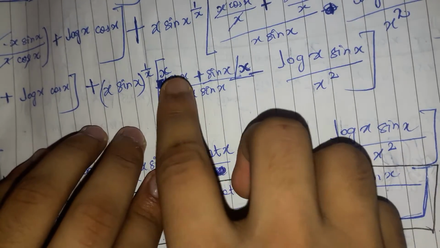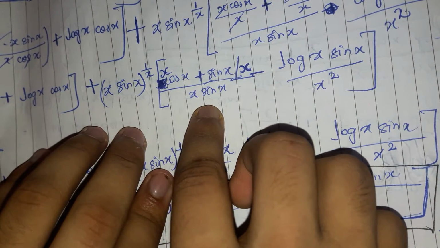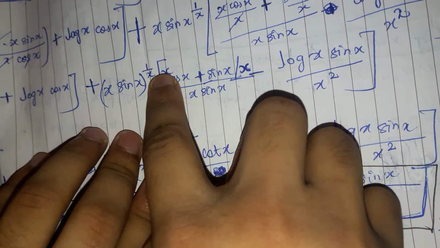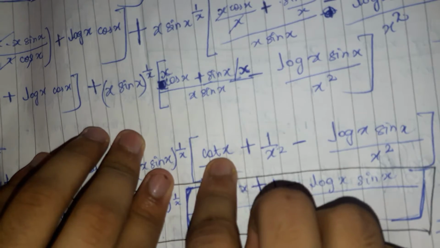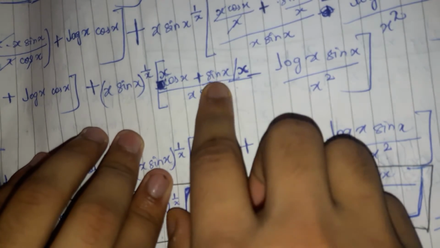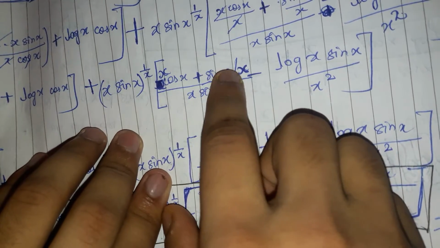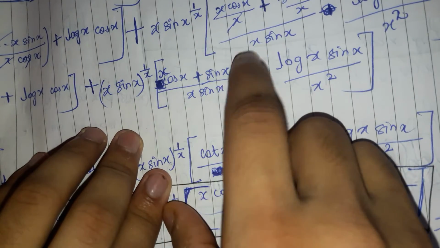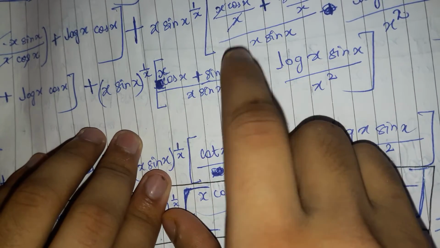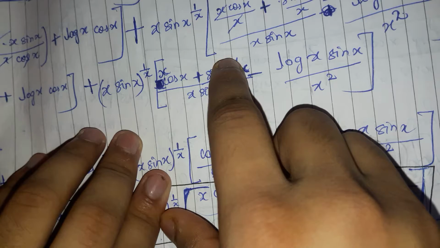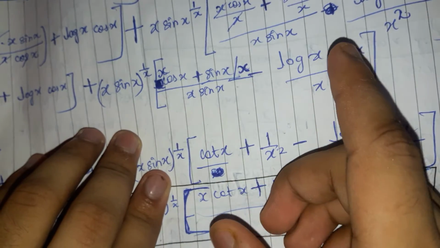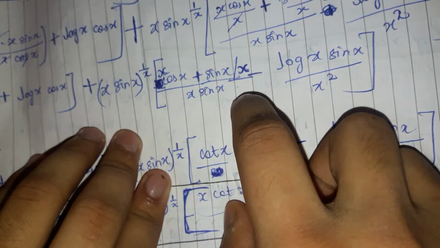You can see here x cos x upon x sin x, x cancels, and cos x upon sin x becomes cot x, plus sin x upon x divided by x sin x, what it becomes, sin x cancels, and it becomes 1 by x into 1 by x.